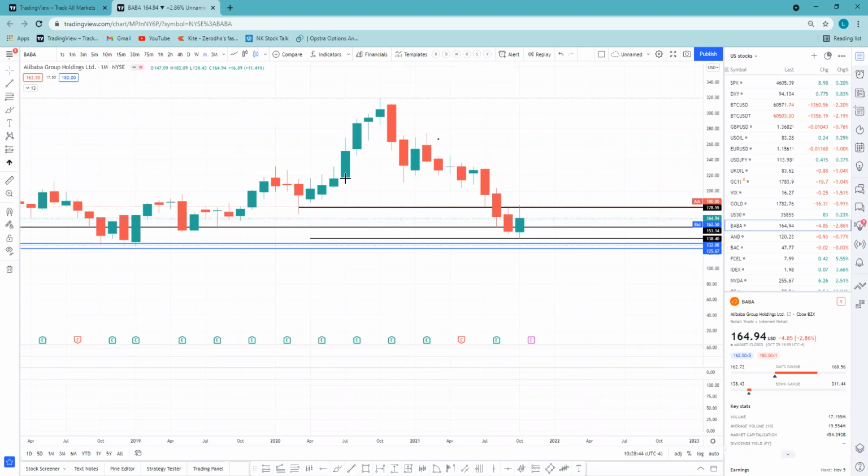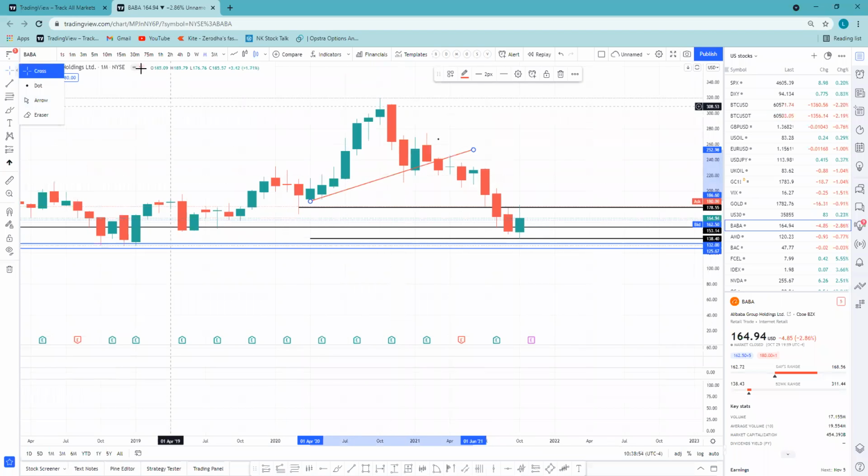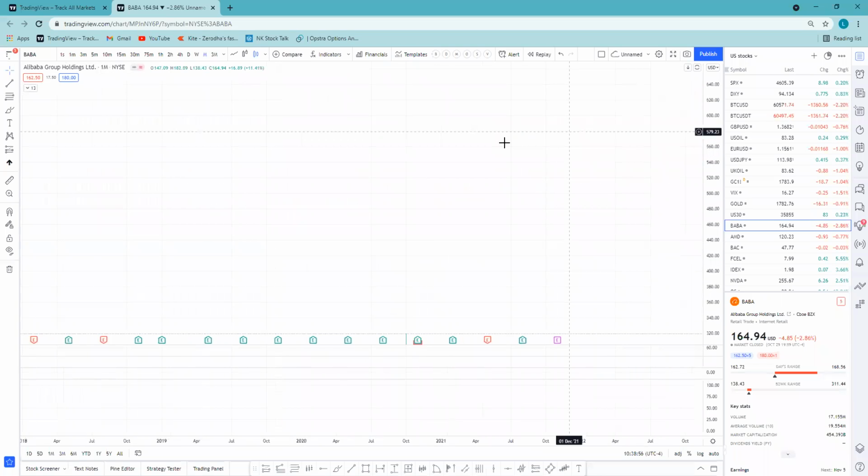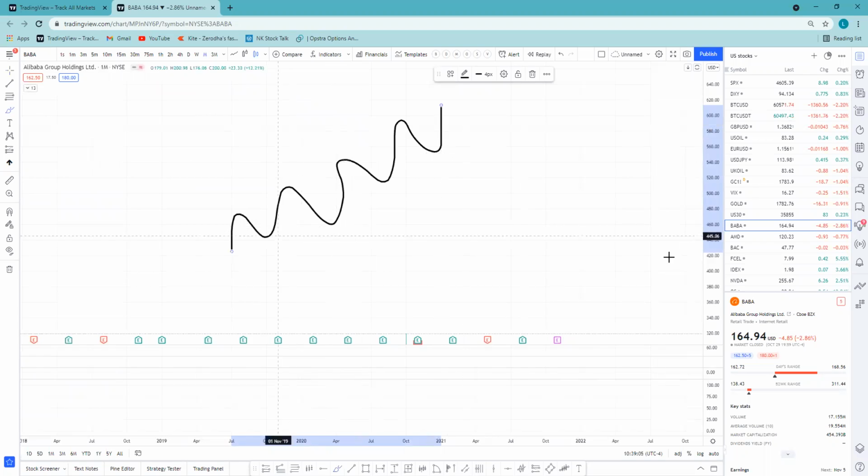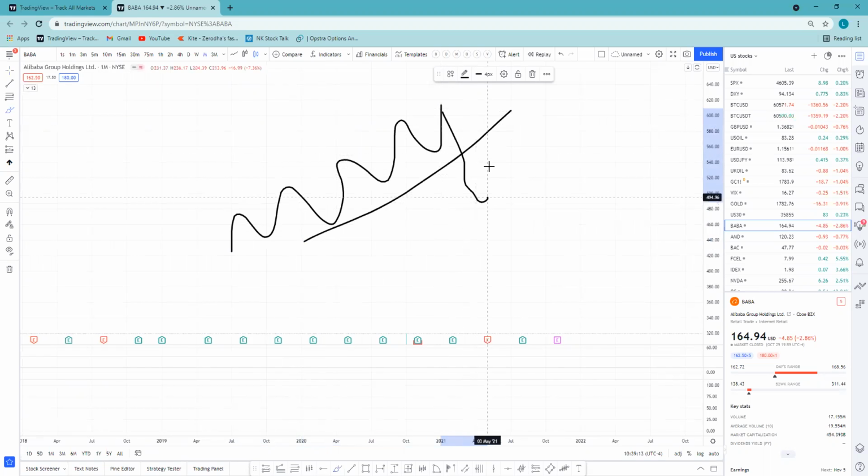And if I put a trend line here, whenever the price is going up in this direction, there are high chances of the price breaking this trend line and retesting it and then coming back. Okay, that's the very basic.